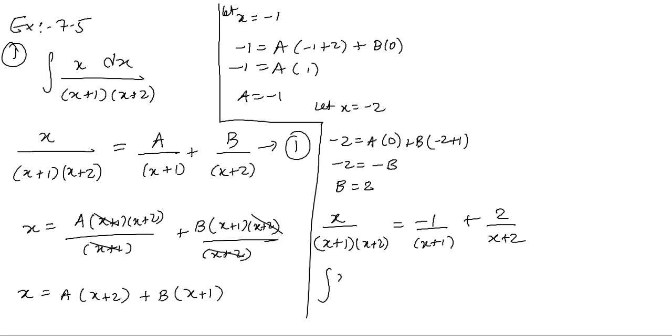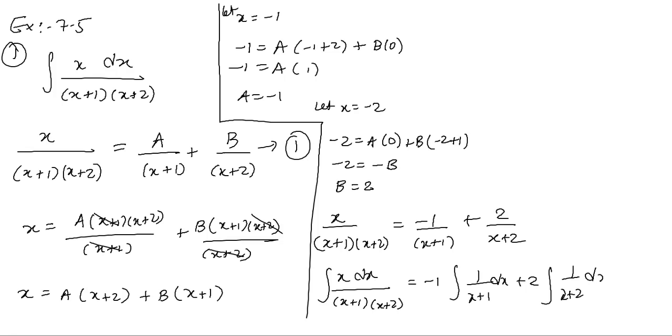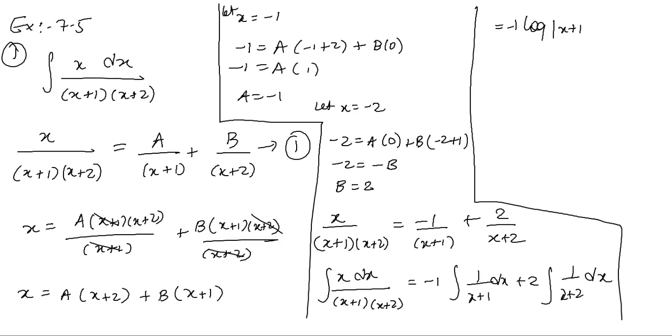Right. So if I want to take integration x dx upon x plus 1 x plus 2, then I will take integration of the right hand side. Here constants will come out of integration. So minus 1 into log mod x plus 1 plus 2 log mod x plus 2 plus c.